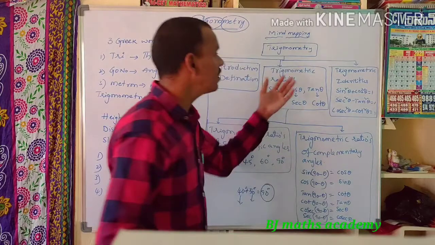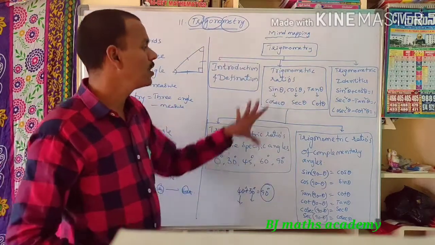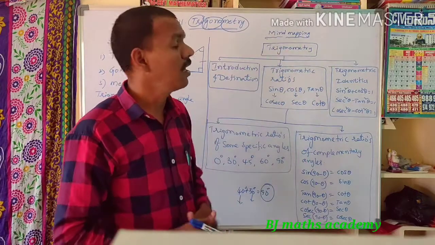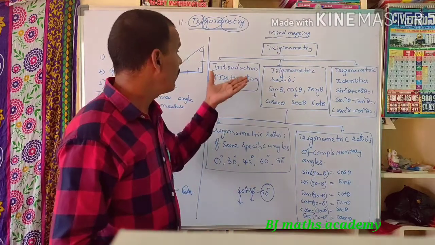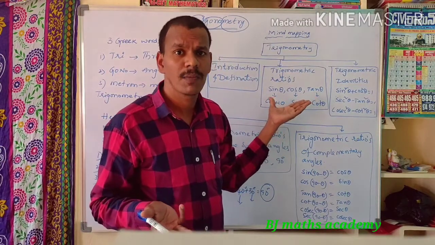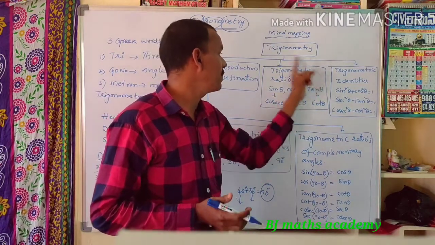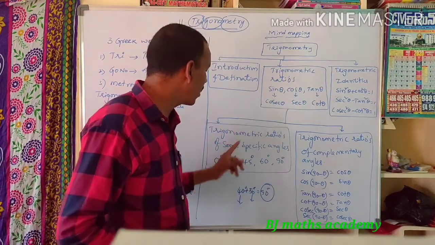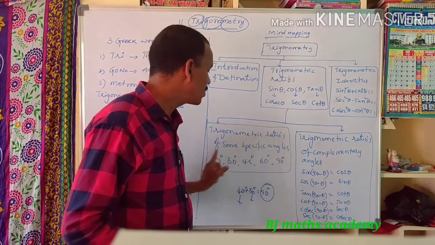In the 10th class we have to study only these. This is the total trigonometry of the 10th class. When we are learning trigonometric ratios, the first exercise is depending on trigonometric ratios and the second exercise is depending on trigonometric ratios of some specific angles.